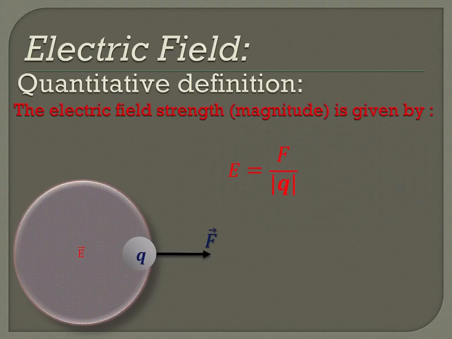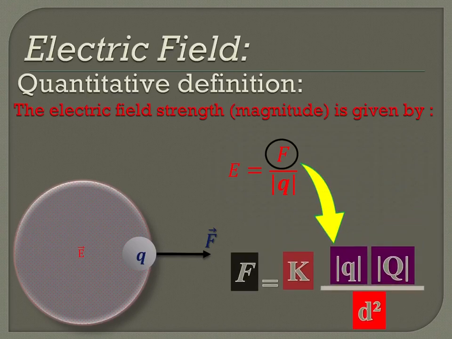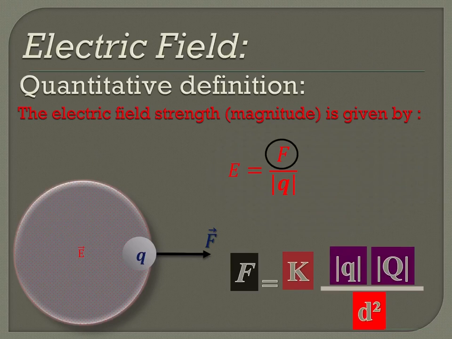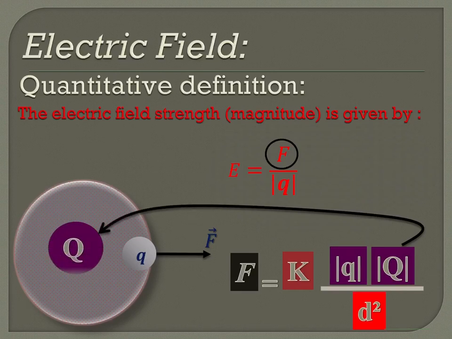And we also know that the electrostatic force may be calculated from Coulomb's law, which is given by the formula F equals K multiplied by the small test charge q taken in absolute value, and here we have a second charge, which is capital Q. Actually, the presence of the electric field in the considered region is due to the presence of this capital charge Q that is interacting with the small test charge q placed at a distance d away from capital Q to get the electrostatic force of interaction.